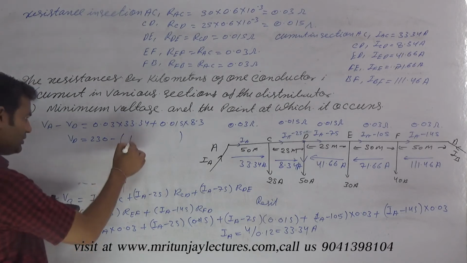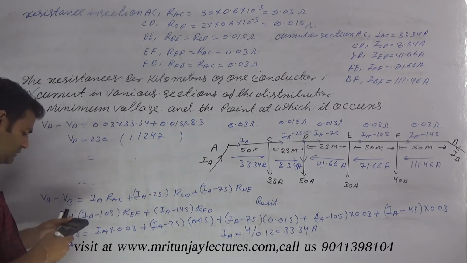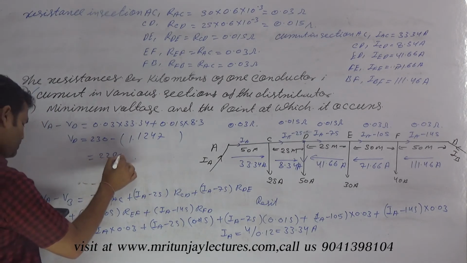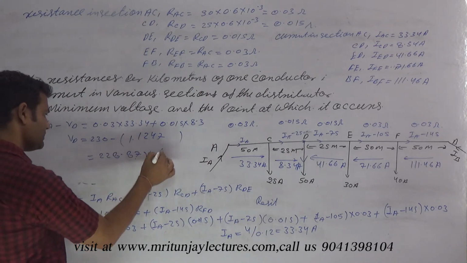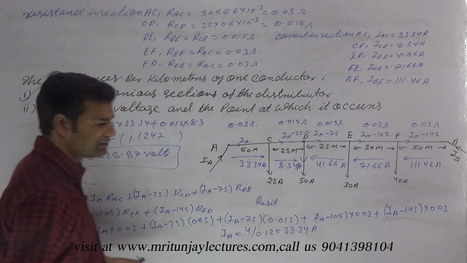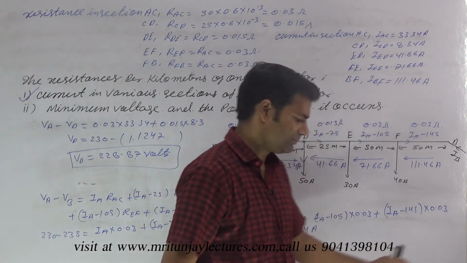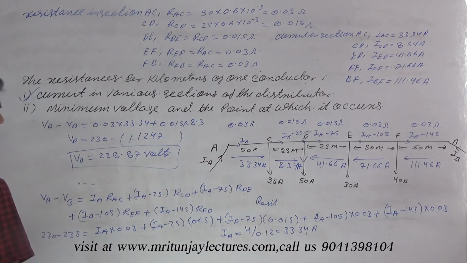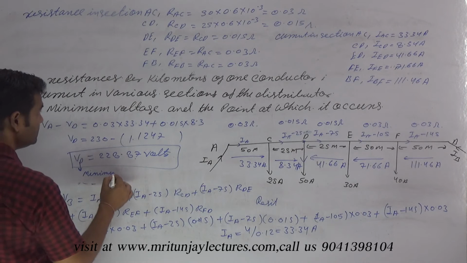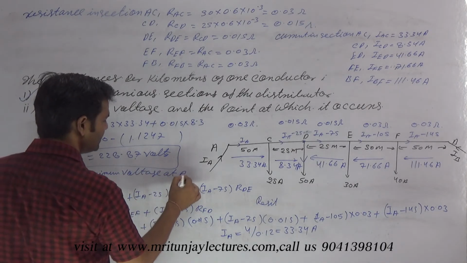That is 1.12457, so we got 230 minus that, that is 228.87 volt. This is the final answer. That is the minimum voltage at D point.